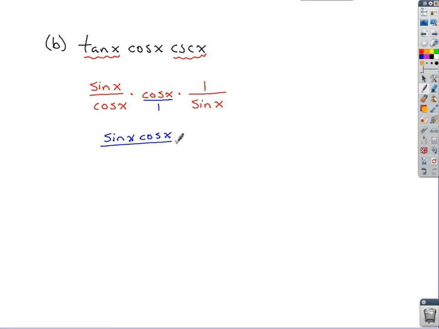That's all over, in the denominator, I've got cosine of x times 1 times sine of x. So there's cosine of x, sine of x in the denominator. Since I've got multiplied pieces in both the numerator and denominator, I can cancel anything that is common between the numerator and denominator. So notice the sine of x's go away, the cosine of x's go away. Since all of this stuff cancels out, my answer is going to be 1.